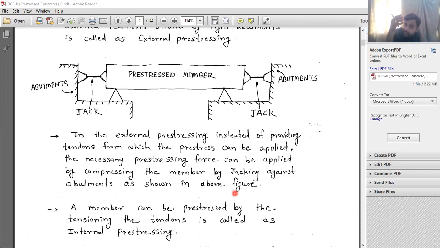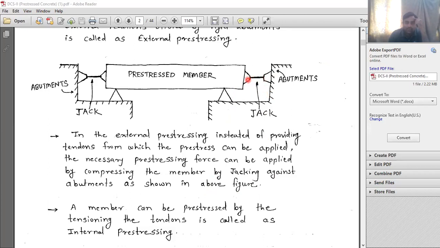But here in this prestressing, they directly apply the prestressing force on the member itself. It is not applied to the steel, it is directly applied on the concrete. The necessary prestressing force is applied through this jack assembly by compressing the member by jacking against the abutment.